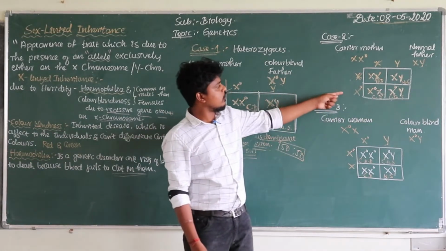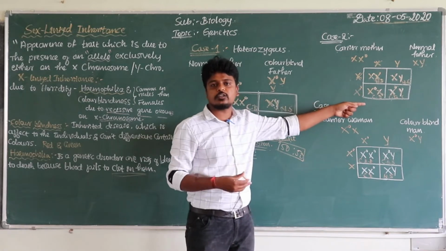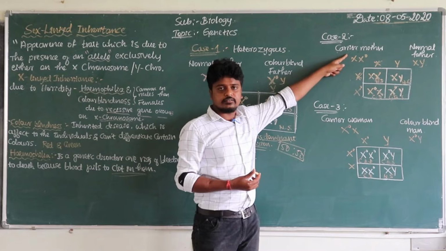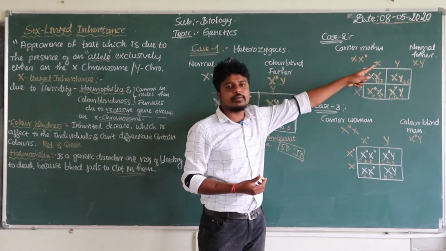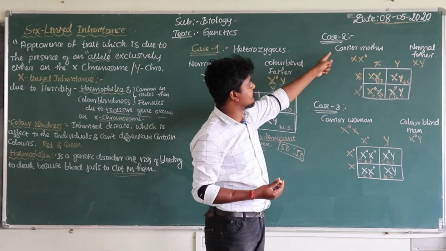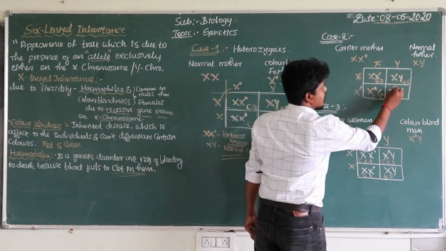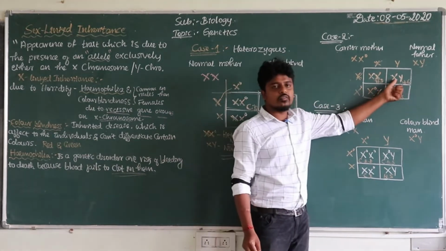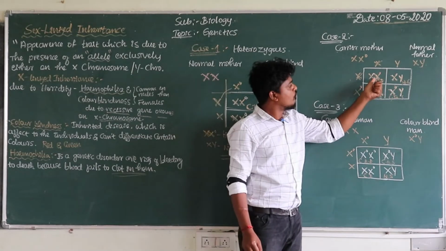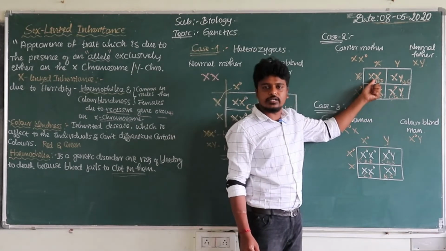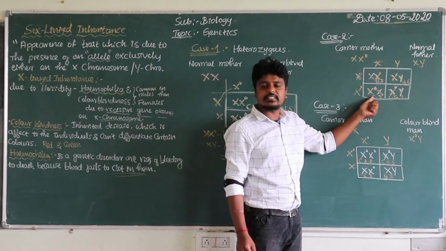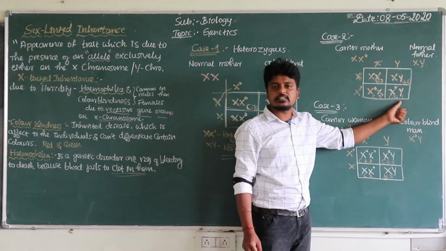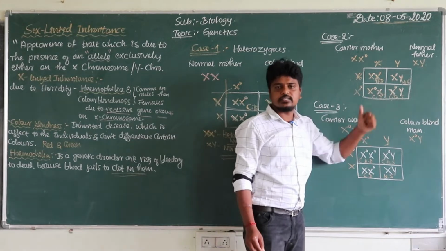So this is how in the next generation or next offspring there will be chances of carrier daughters or color blindness son. But here in the case of case 2, you can see there will be 50%. One child is born in a normal and healthy condition, one girl baby born in a normal condition, and one girl baby there will be chances or possibilities of carrier daughter, and one boy baby there will be chances of color blindness son here.